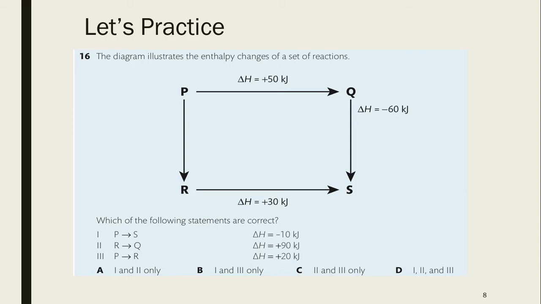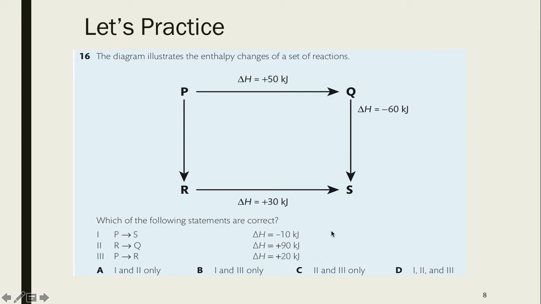Well, to get from P to S, you have two routes. We don't know what this is, but we do know what P to Q and then Q to S is. So if we're going to go this direction, we can add the positive 50 to the negative 60, which gets us to negative 10. So P to S is negative 10.